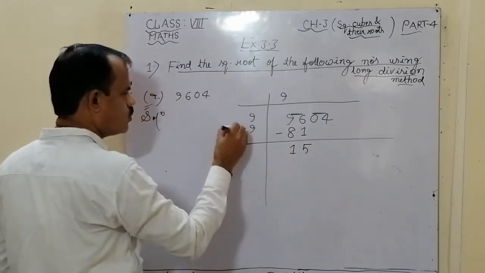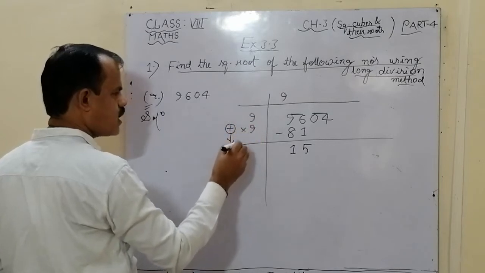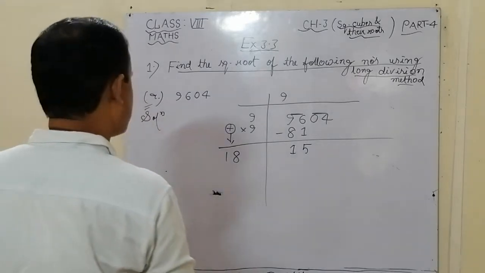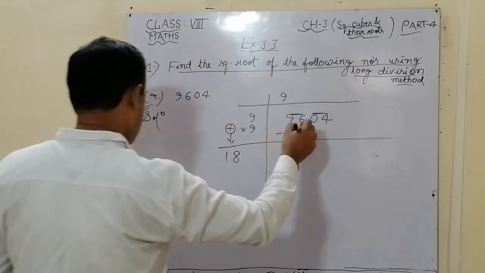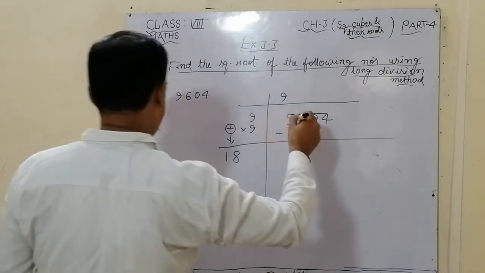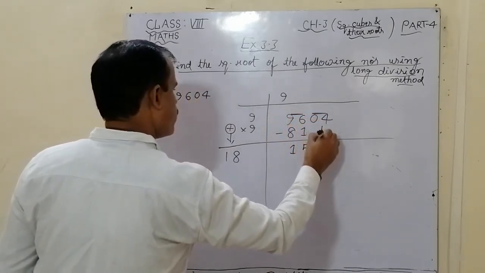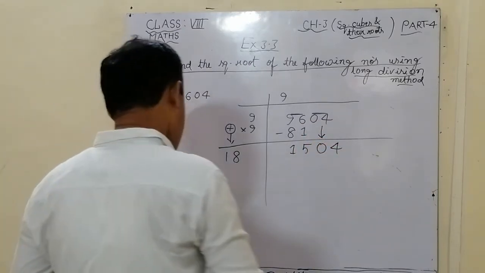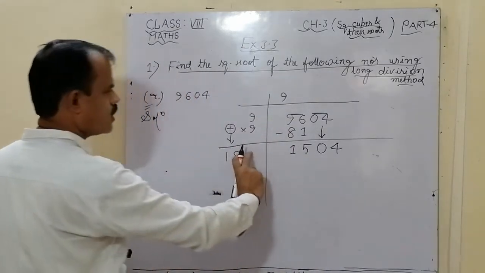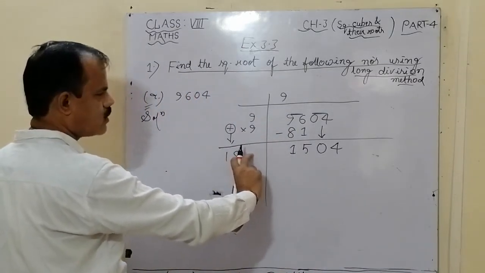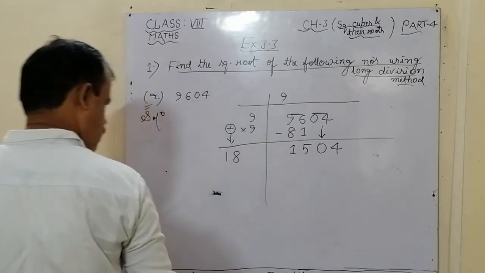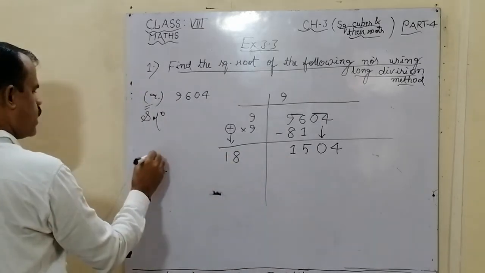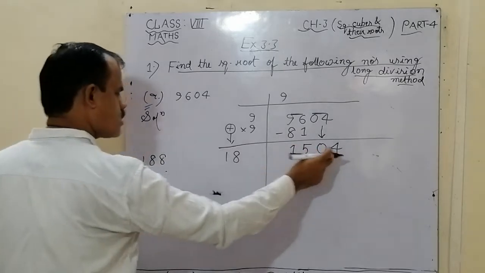Now what you do? You simply add, 9 plus 9, that is 18. Now bring down the next pair. The next pair is 04. So we bring down the next pair and write it on the right of the remainder, 1504. Now which number do we have to take here so that the product becomes 1504? We check 188. 8 eights are 64.